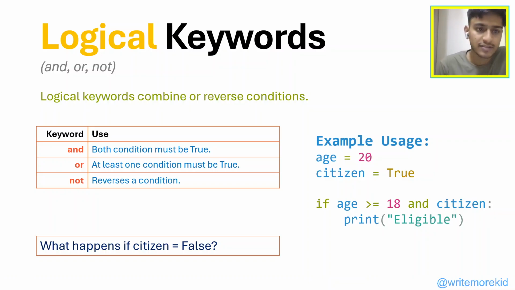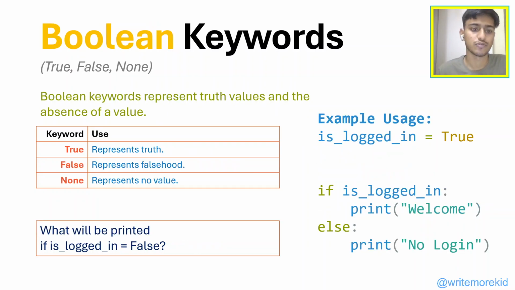So now let's have a look over logical keywords. Before that, I would like to show you the Boolean keywords. So basically, these are Boolean literals which give us a certain value where true represents the truth, that okay, this condition is a truth. Whenever the value is false, it represents falsehood.